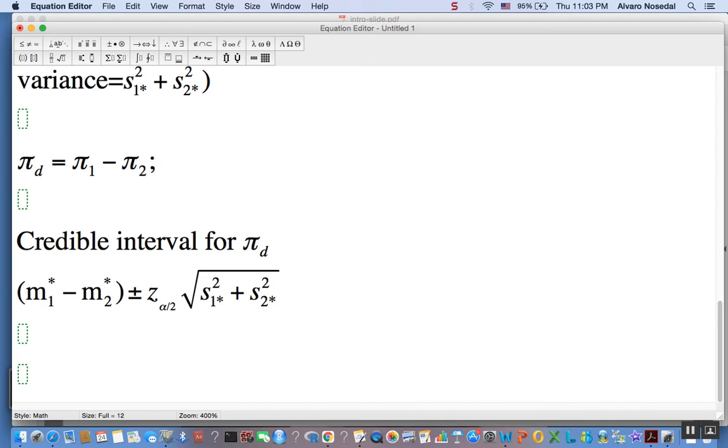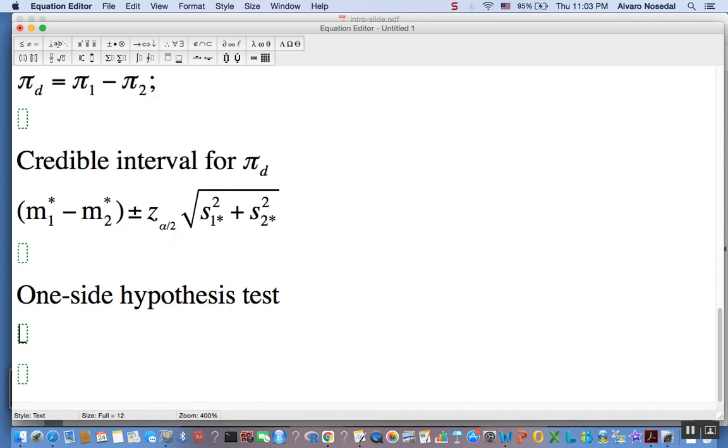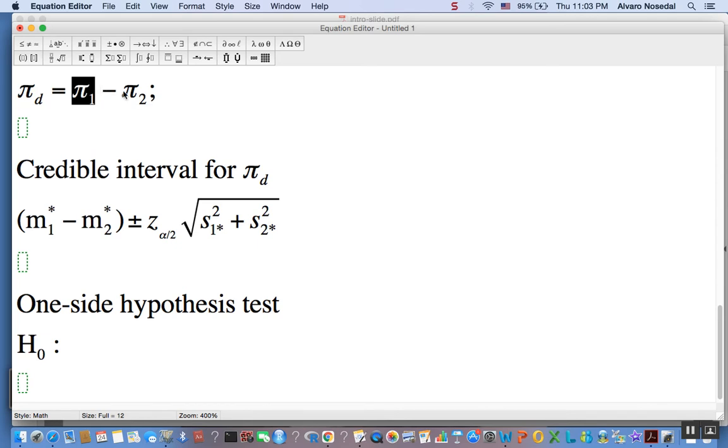Now, for instance, say that you wanted to carry out a one-sided hypothesis test. Say that the null hypothesis that you want to consider is H0: pi 1 minus pi 2 less than or equal to 0.